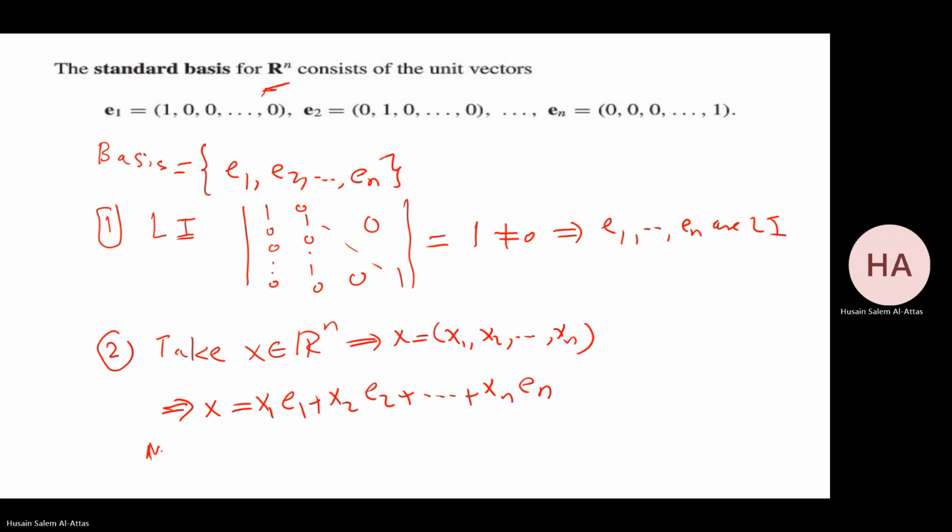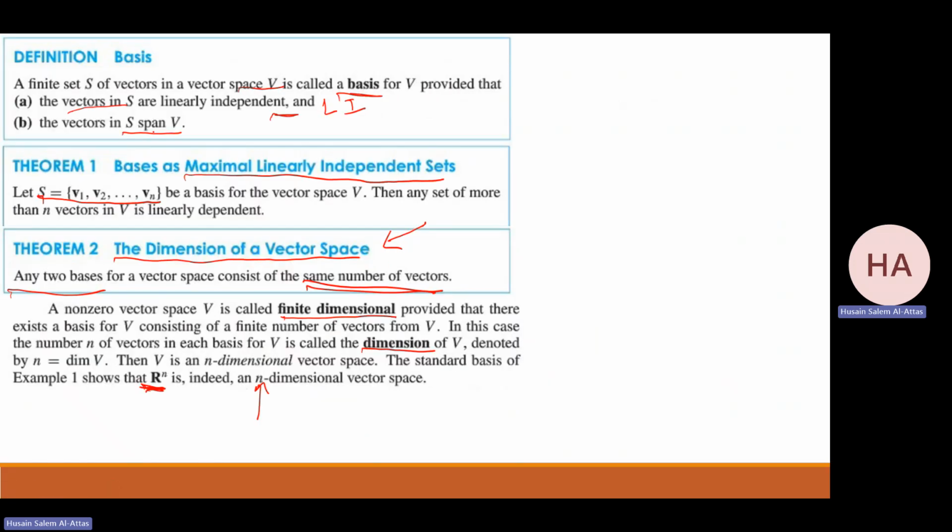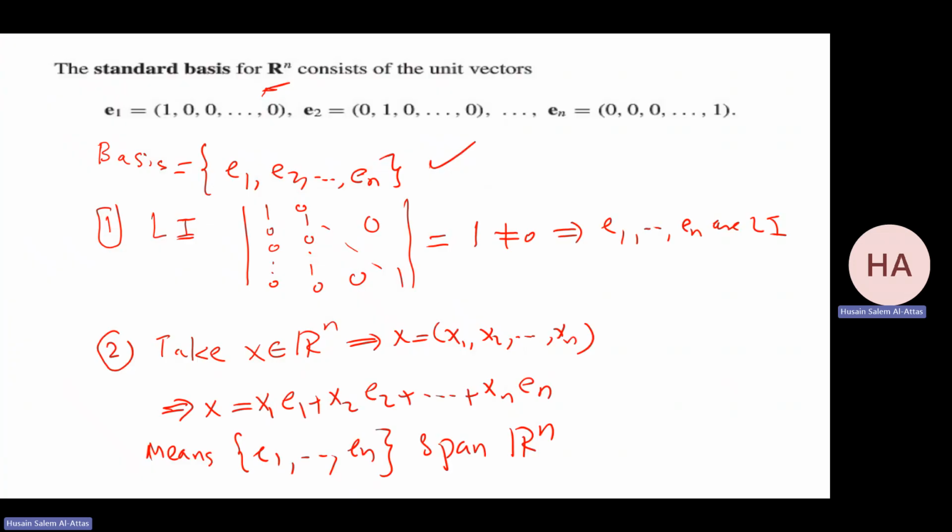It means E1 up to En span Rn. So they form a basis. Why is that? Because they are linearly independent and they span Rn. This is the definition.